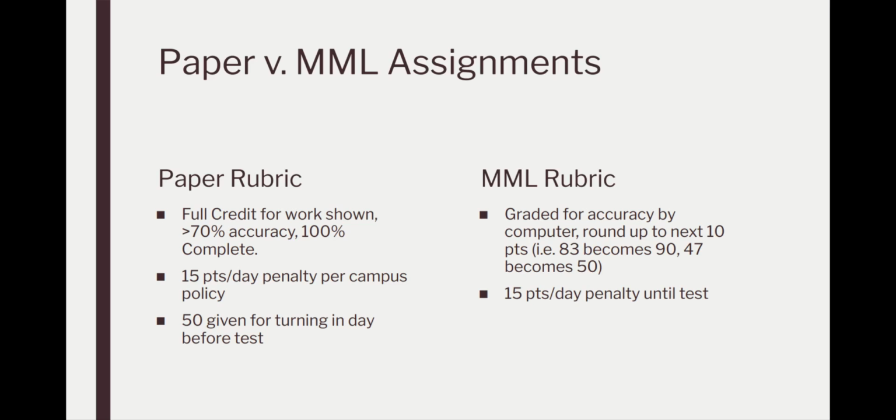Last year, students were expected to be over 70% accurate and 100% complete in order to earn full credit, or a 100 in the grade book. So when you see whatever average you see later on when we look at the results for last year's study, those grades were based on that rubric. Students last year, per campus policy, had a 15-point per day penalty.